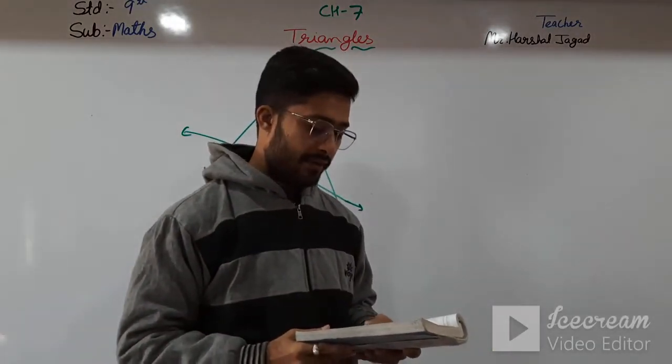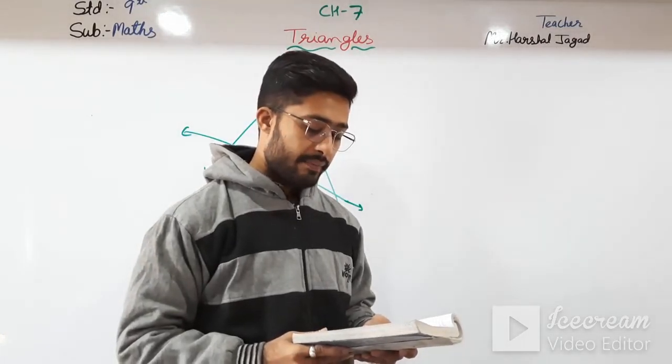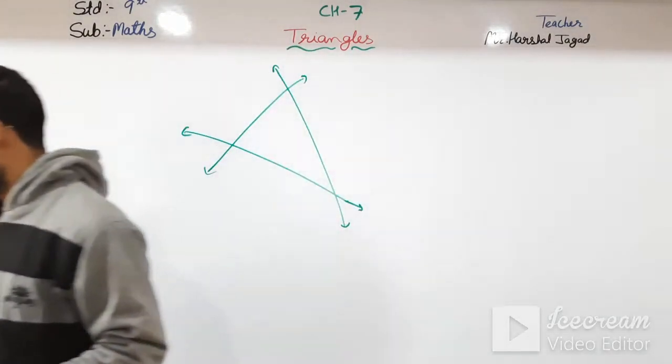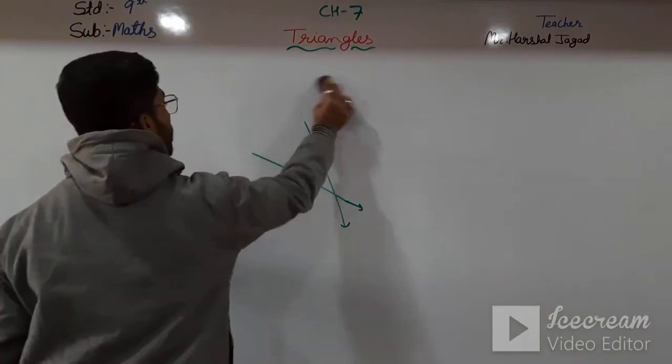For example, in triangle ABC, AB, BC, and CA are three sides. See here, a triangle is given. I am just drawing that. Perfect, not like this.